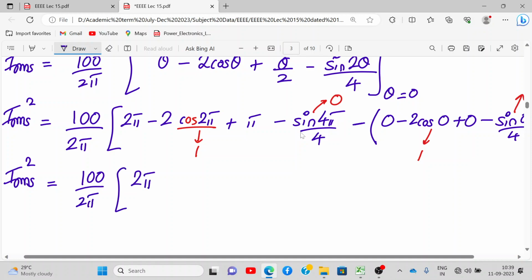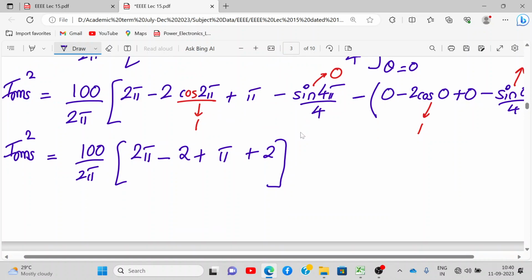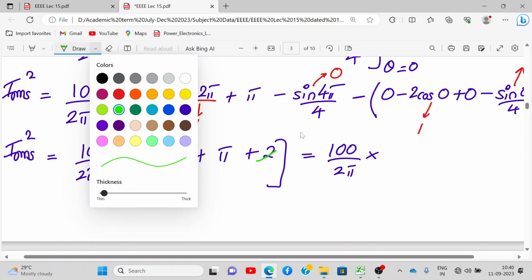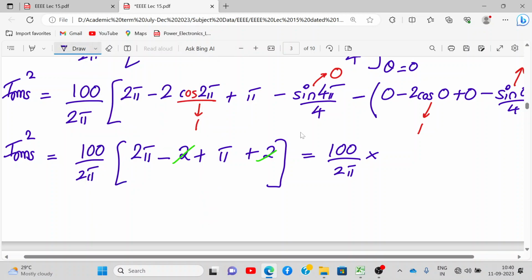This will be 2 pi minus 1, plus pi, this is 0, this is plus 1. So 100 divided by 2 pi into, this minus 1 and plus 1 will get cancelled, into 3 pi, right?